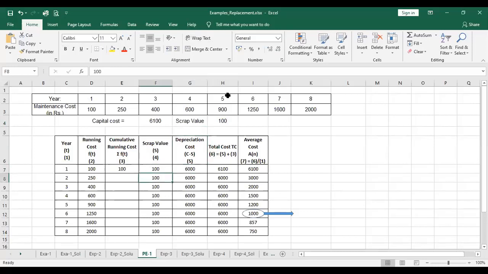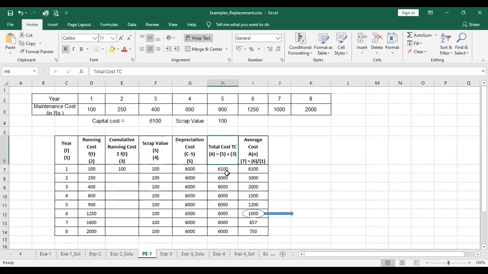I have put it for all the years. Then the depreciation cost is the capital cost, 6,100, minus the scrap value, so it is the difference between these two, which is 6,000.